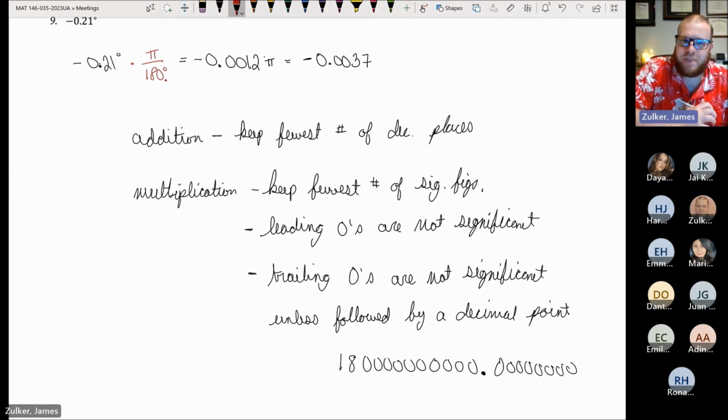I know that that is exactly 180. I know up to the unit. So it's actually 3 sig figs. We did multiplication with 2 sig figs and 3 sig figs. The fewest number of sig figs is 2, so that's how many sig figs I know to keep.